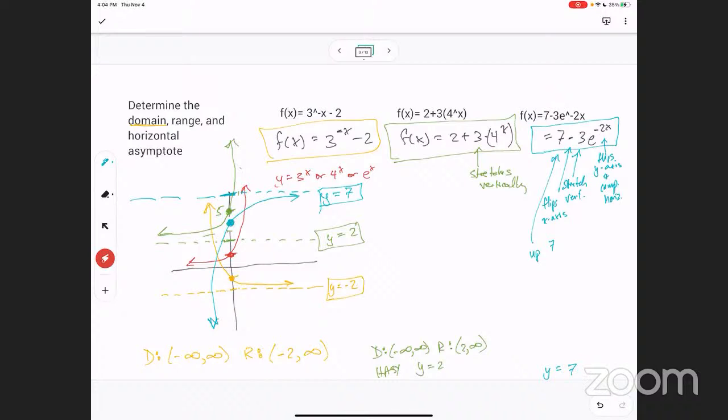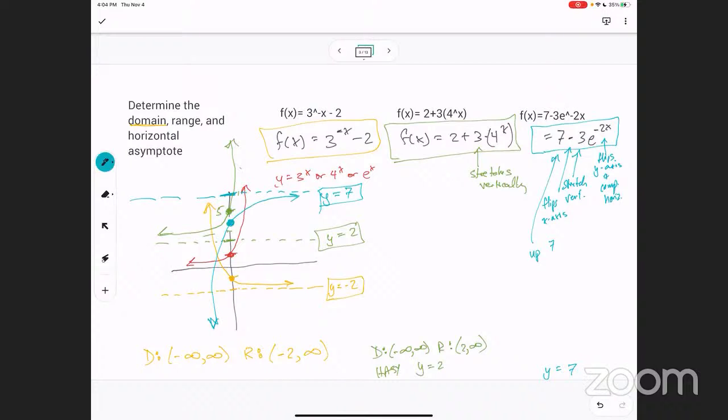Whereas if you plug in a -2 or -3 or something like that, what happens to this number? It becomes positive, which means e to that positive thing is a big number, which means this is -3 times a big number. And who cares if you're adding 7 to that? It's still going to be a very big negative number, which means it's going down like that. So that checks out. That makes sense. All right, so we're good.